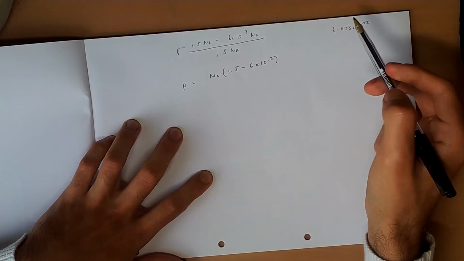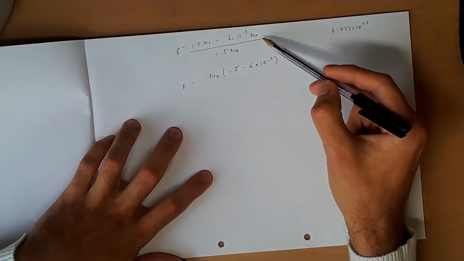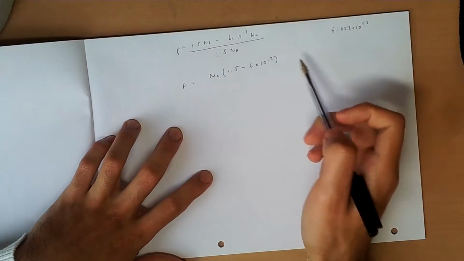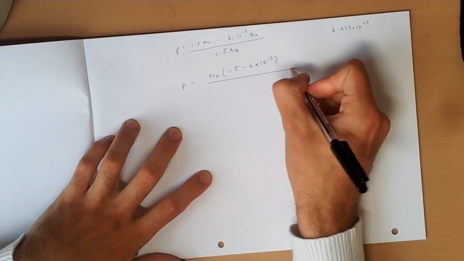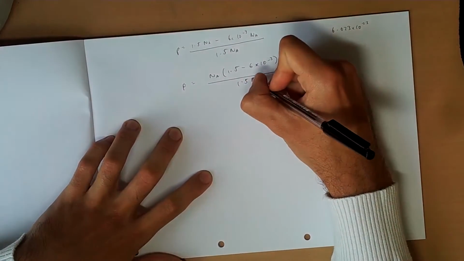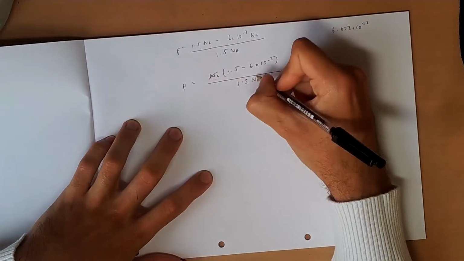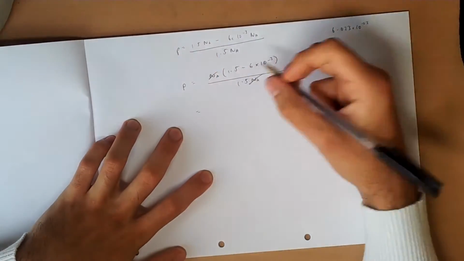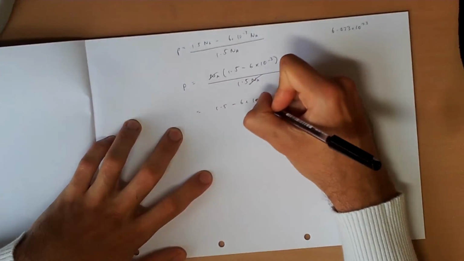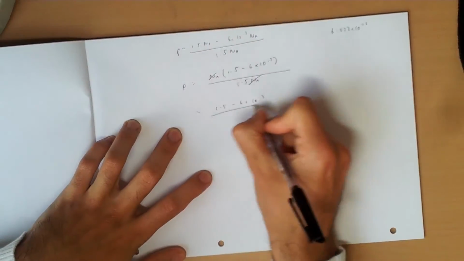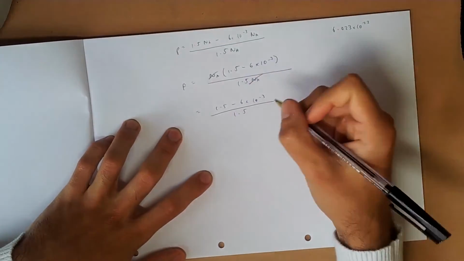If I were to multiply this out, you would be left with this top part again. And we put this over the 1.5 Na again. We see that these two terms cancel out straight away, and thus we are just left with 1.5 minus 6 times 10 to the minus 3, all over 1.5.